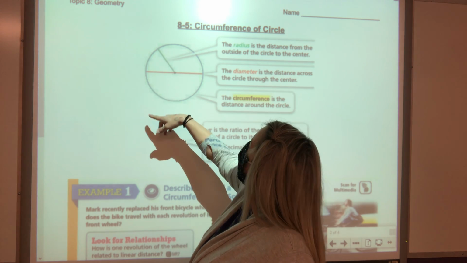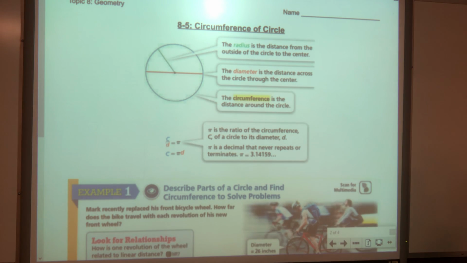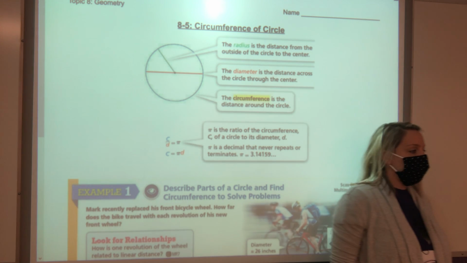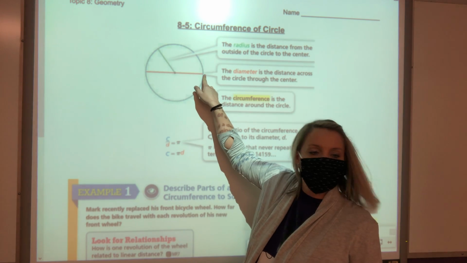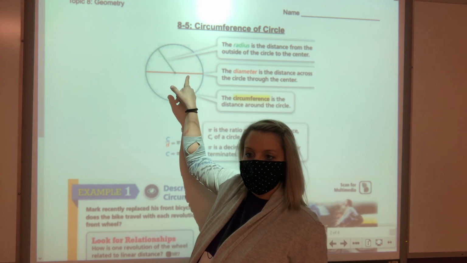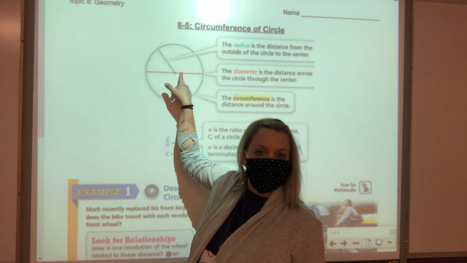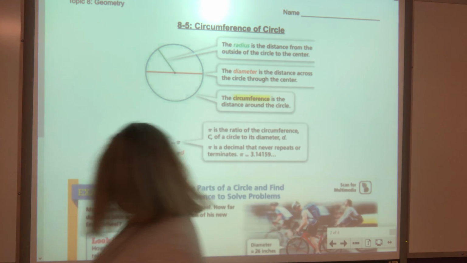Okay. What's the relationship between the radius and the diameter? Anyone know? What does it look like? All the way across, right? And this is how much across? About, okay.